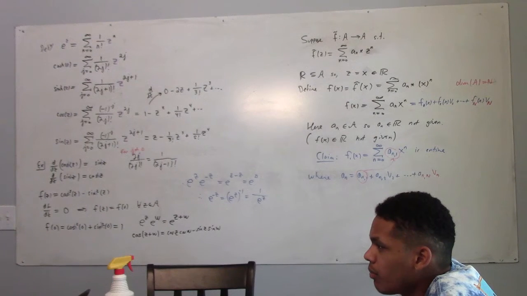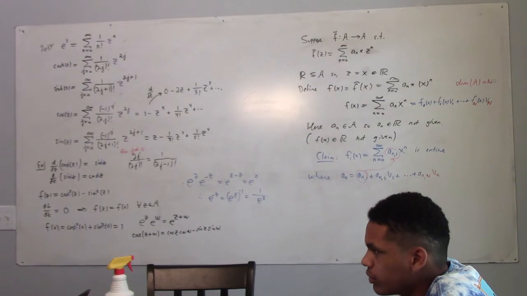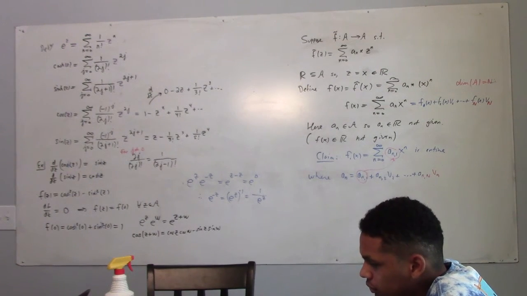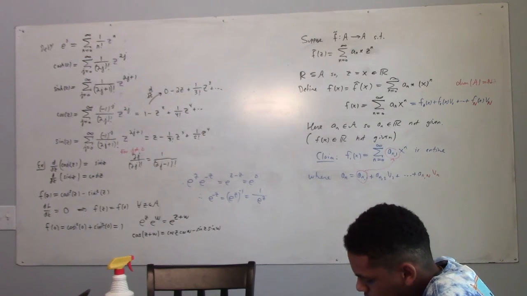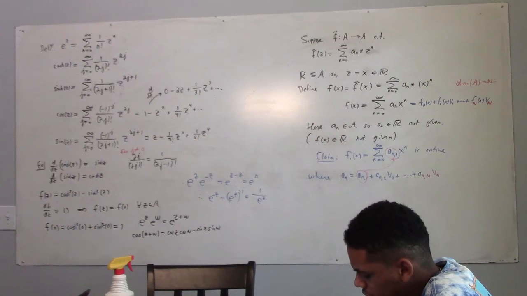So that's entire. It's fine. Oh, okay. I thought entire meant the domain had to be the reals. Well, it's that there's a single power series which converges on the whole real line, and that is the formula for the function. That's an entire function on the reals.